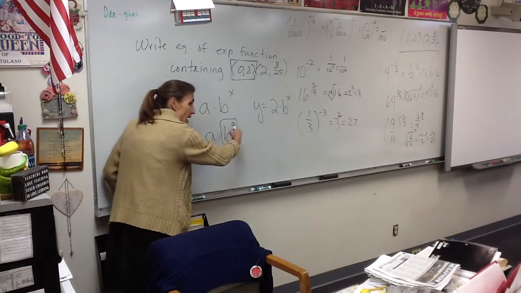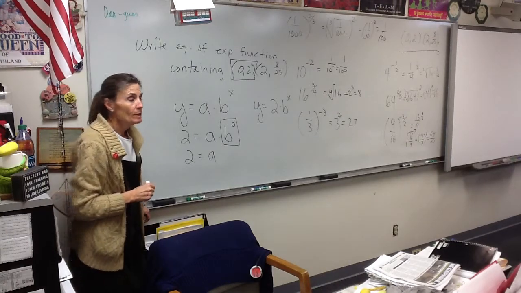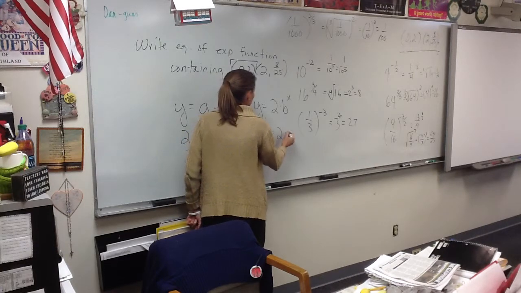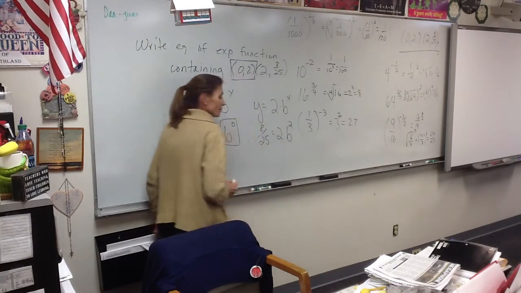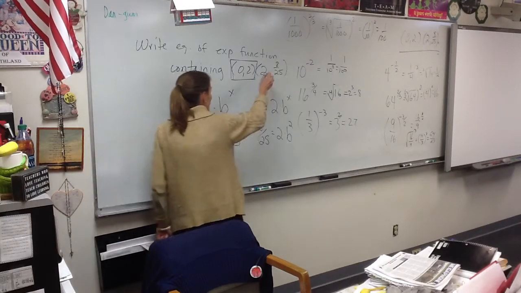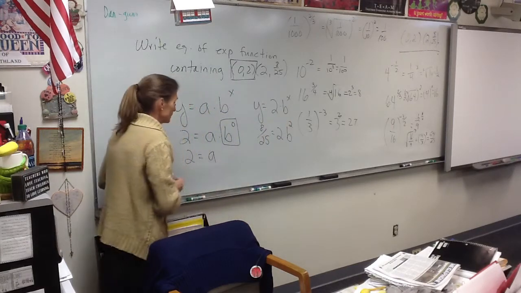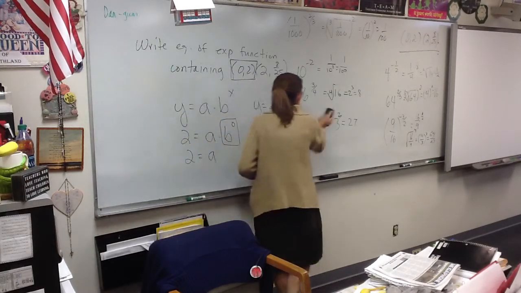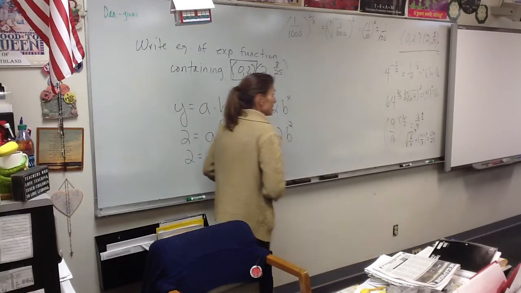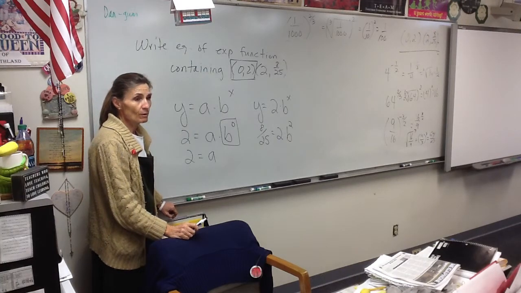Because this magic happens. Now guess what I'm going to do? Plug it in. I'm going to take the other point. 8/25 equals 2 times b squared. Put in 2 for x, 8/25 for y. Now I'm going to solve that. So the first thing I'm going to do is get rid of that 2.